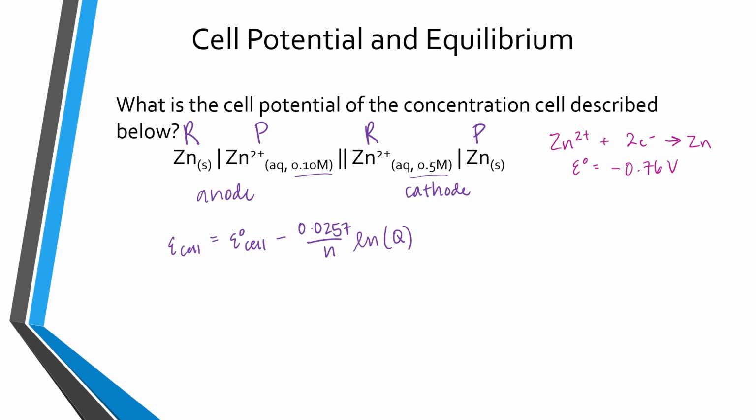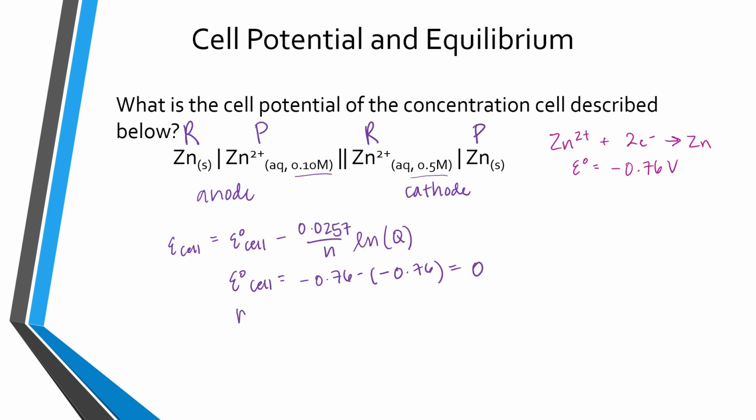Since this is zinc and zinc, negative 0.76 minus negative 0.76 is, of course, 0. So that's why if the concentrations were the same, this would not actually have any voltage. So the standard cell potential is 0.